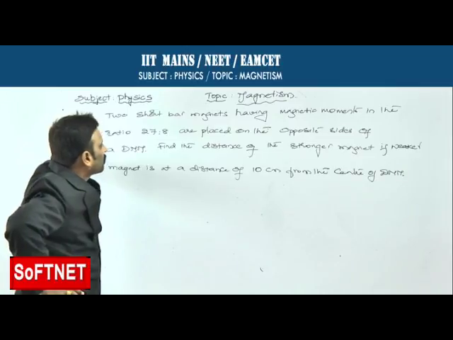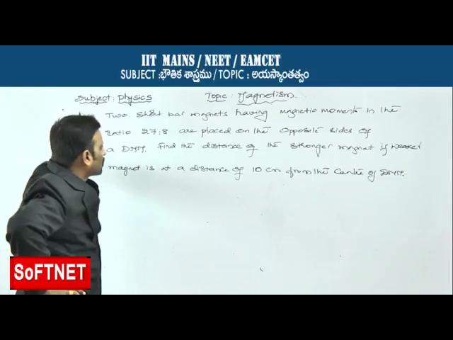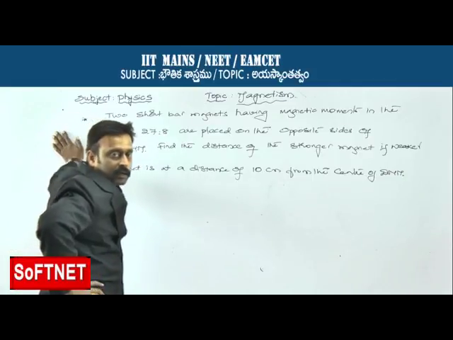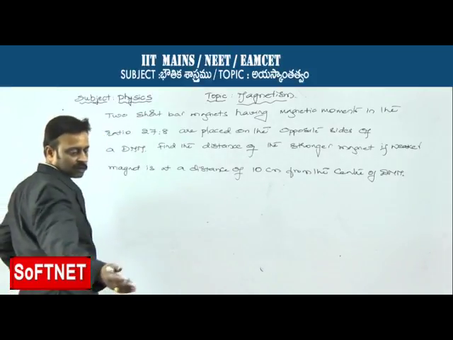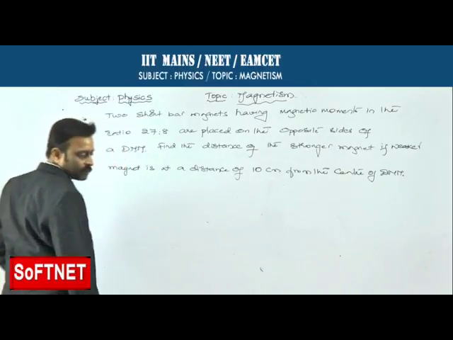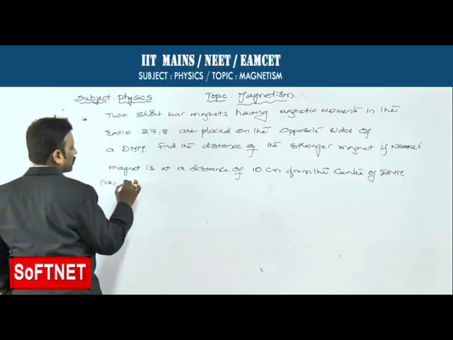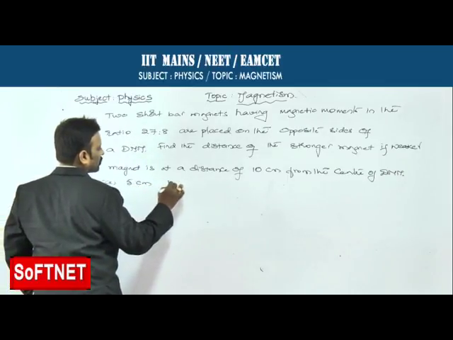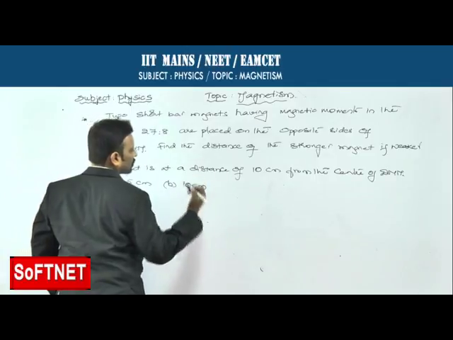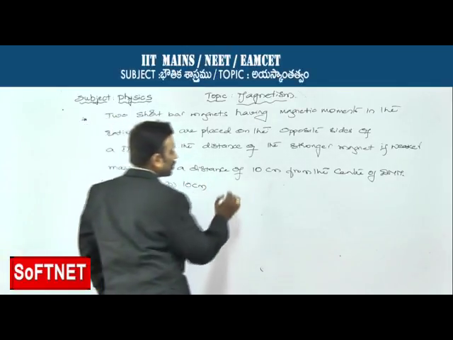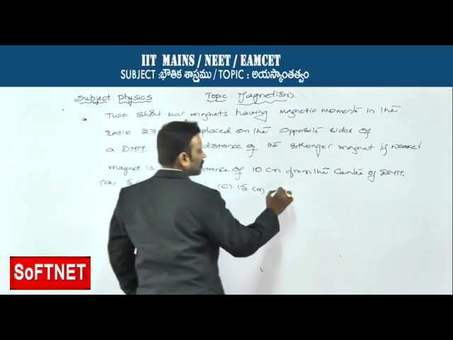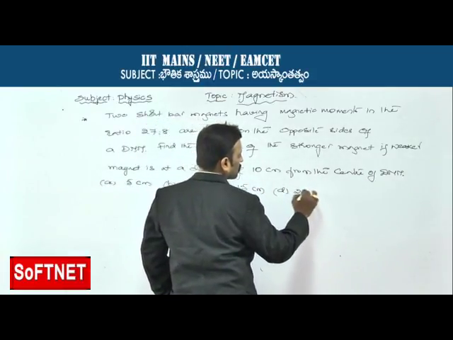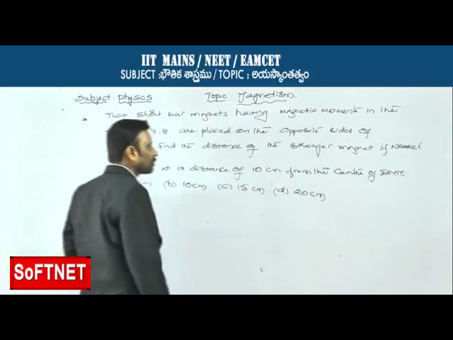The ratio of magnetic moments is given, one distance is given, and another distance you are asked to calculate. Before that, look at the options. The first option is 5 centimeters, second option is 10 centimeters, third option is 15 centimeters, and fourth option is 20 centimeters.